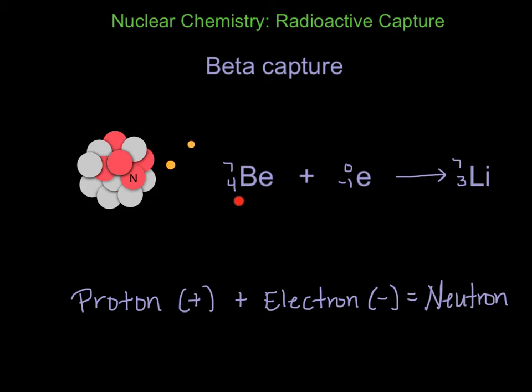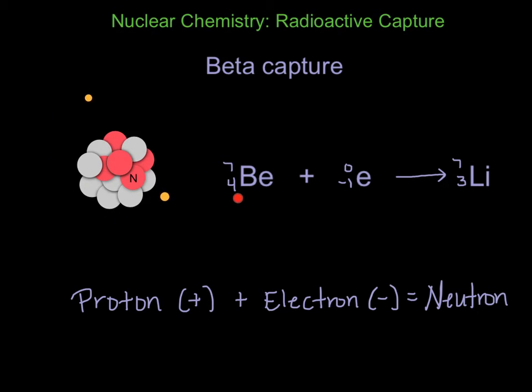Also notice that again, the sums of our atomic masses are equal on the reactant and product side, and the sums of our atomic numbers are the same on our reactant and product side, and that the atomic number in the daughter nucleus is decreased by 1, while the atomic mass in the daughter nucleus remains the same.